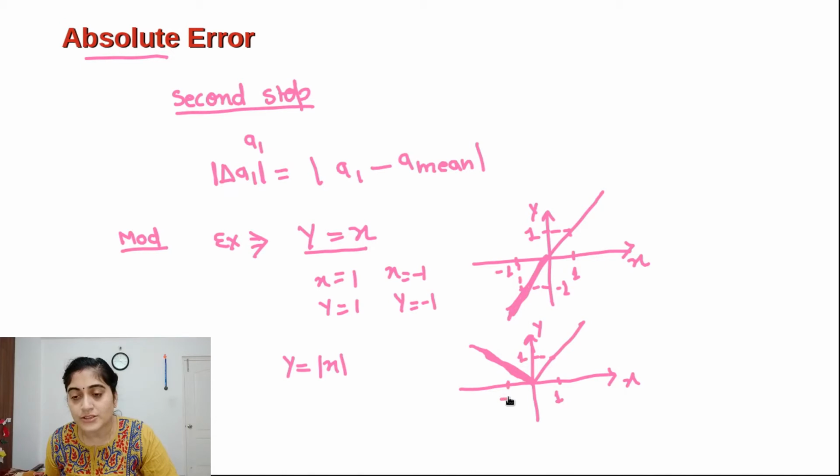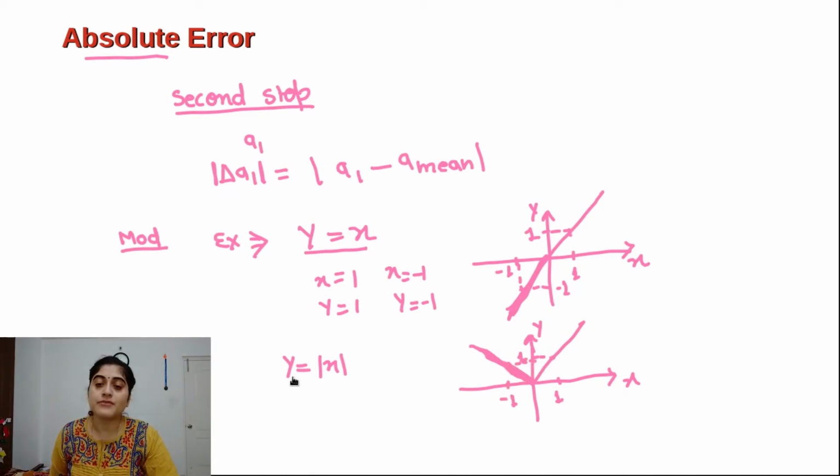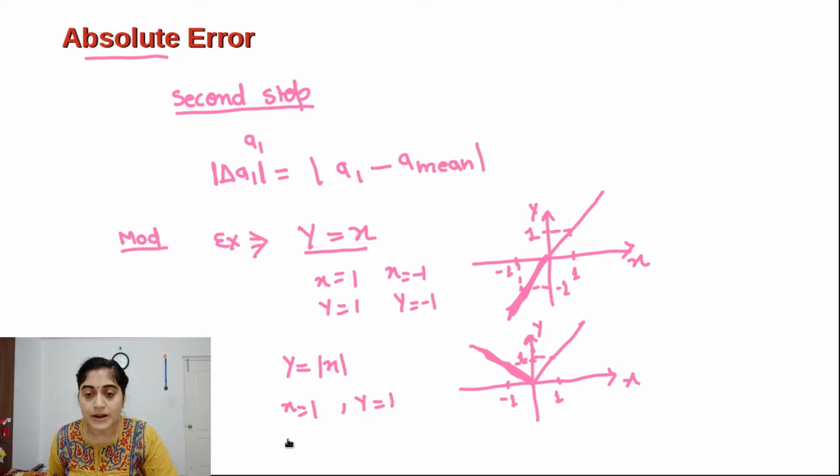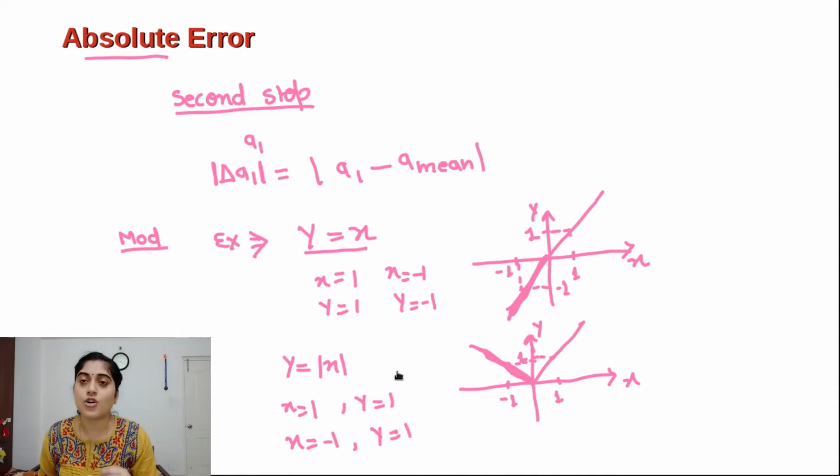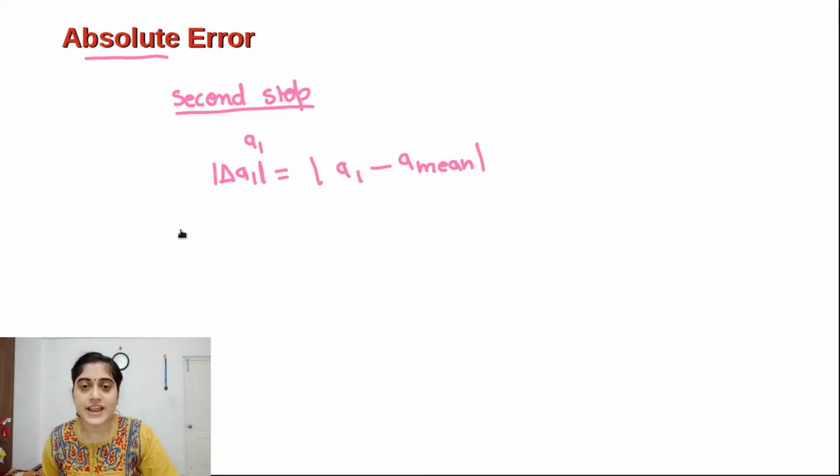But if we put x equals minus 1, then again y equals 1 only. I mean y always takes a positive value. So that is the meaning of mod. We always take the positive value, no negative value. Okay. So now we understand what mod is.